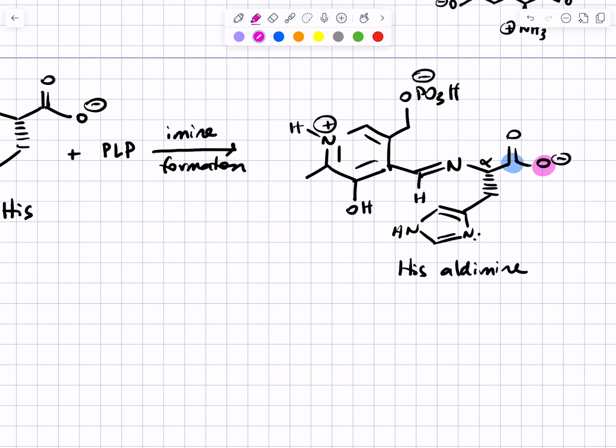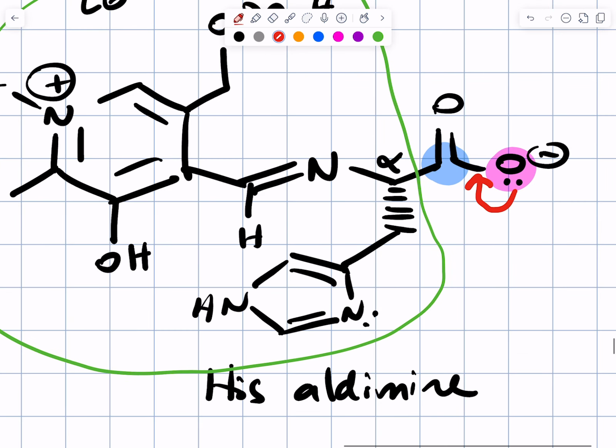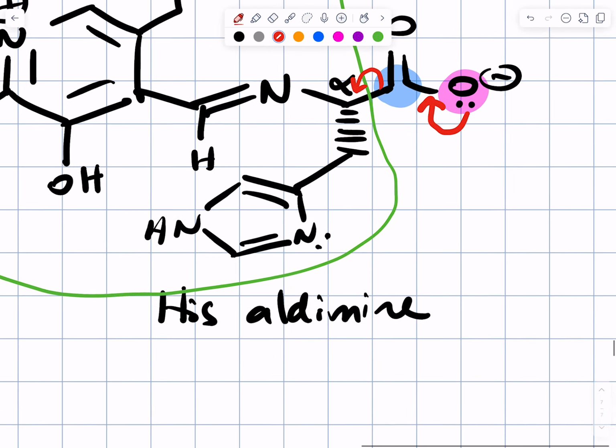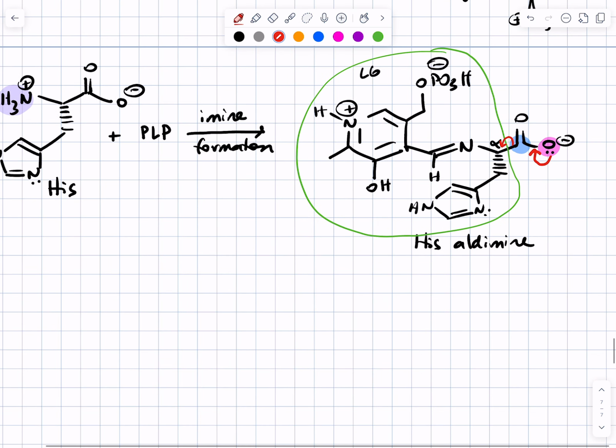It's focused on the carboxylate. If the presence of the PLP imine stabilizes the negative charge, that means that all of this is a leaving group, which means that you can do a decarboxylation reaction. Kick electrons down, and then electrons go on to the alpha carbon as a leaving group. That's an irreversible decarboxylation reaction.